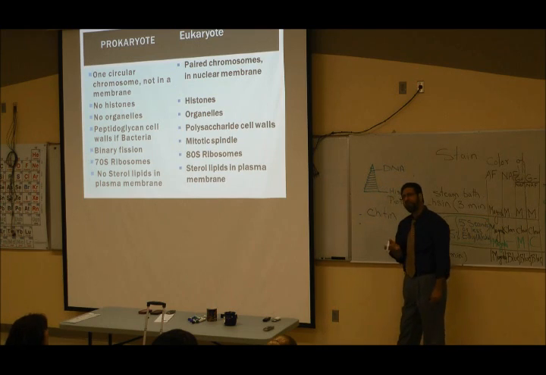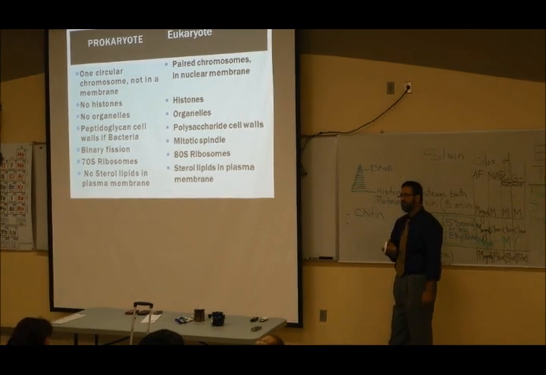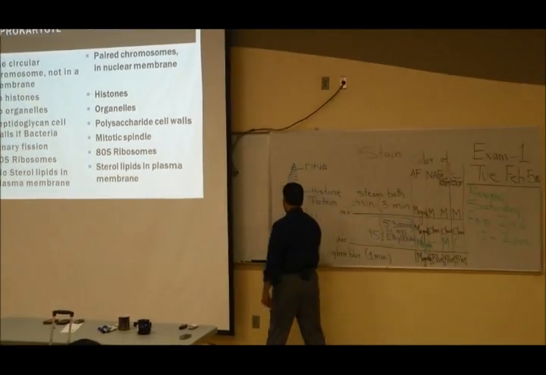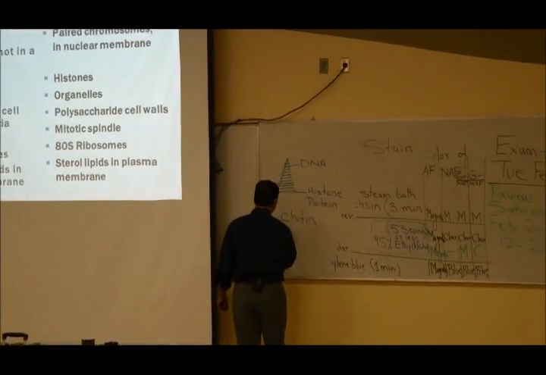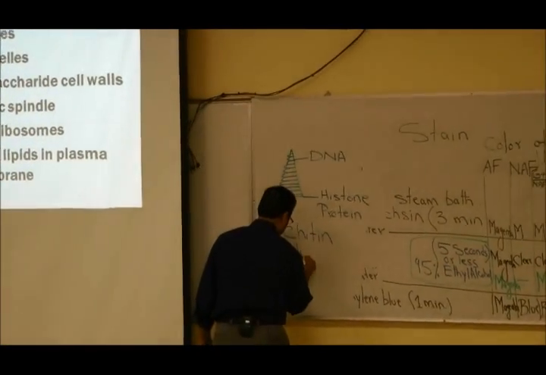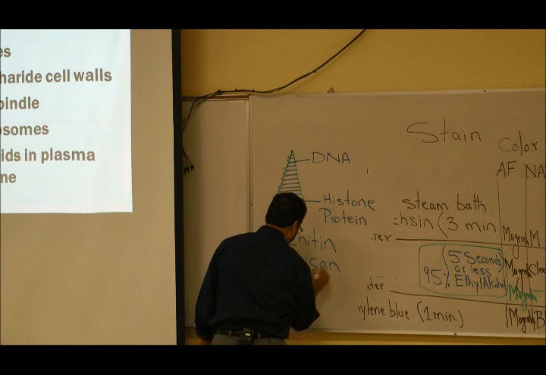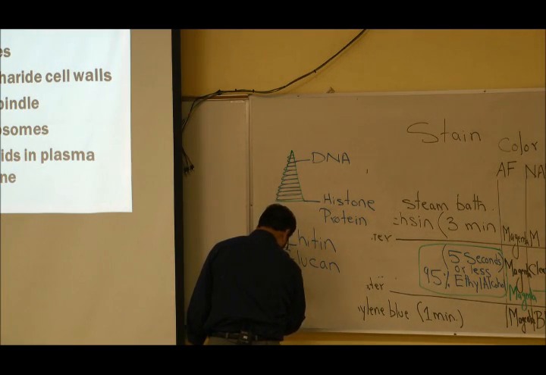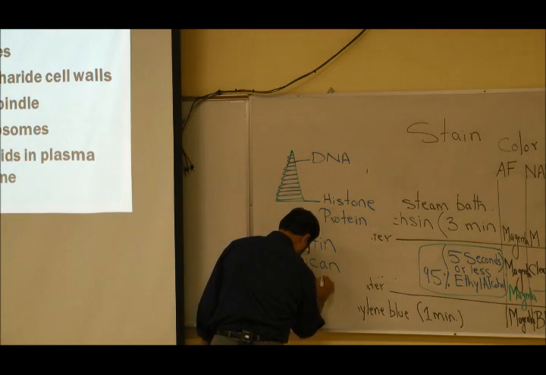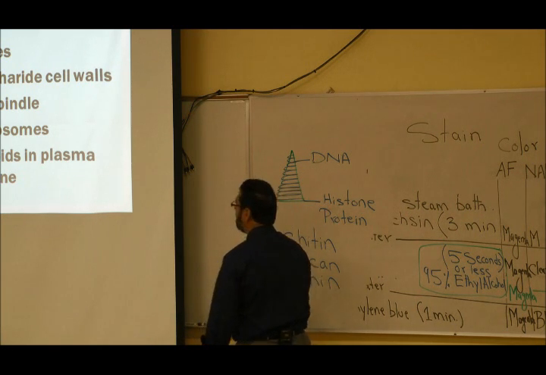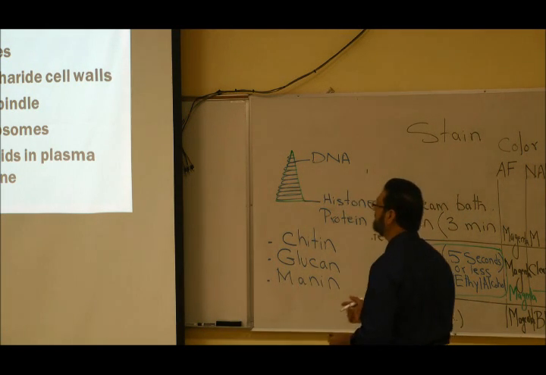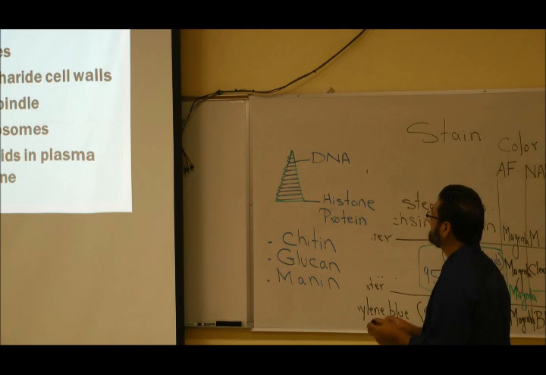Fungi, they have a cell wall. Their cell wall is made up of mannan, glucans, also chitin sometimes. These are all complex sugars.